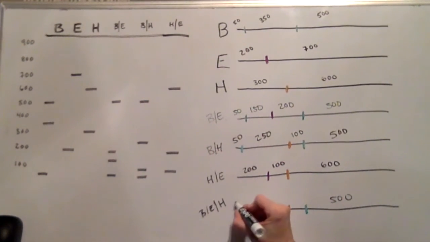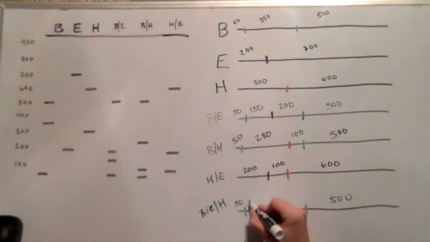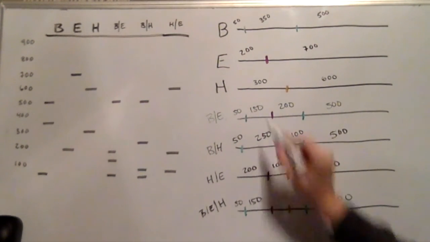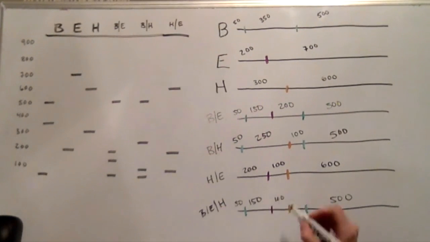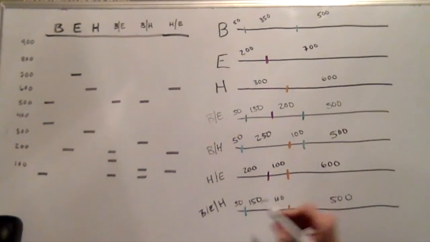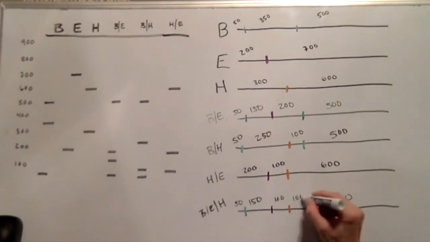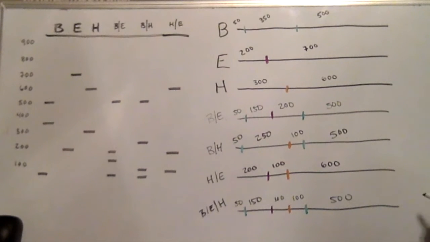So the largest one we know is 500, and that small one on the far left is 50. And then we know from this map that we have the 150, this one's going to be 100, and that last segment is also going to be 100. So you just kind of look at the previous maps that you make in order to figure out what the final map is going to be with all of the restriction enzymes.